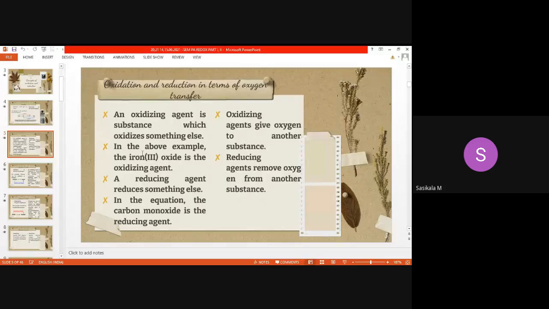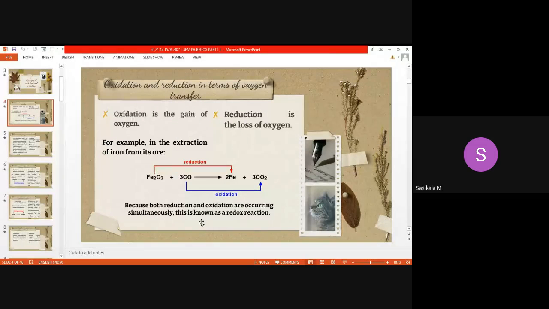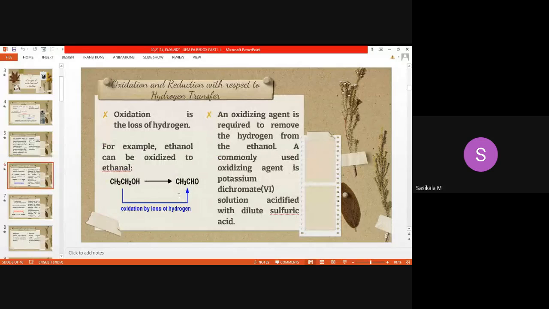One will be the oxidizing agent and the other the reducing agent, so that the redox reaction occurs simultaneously. Now let's see oxidation and reduction based on hydrogen transfer between molecules.